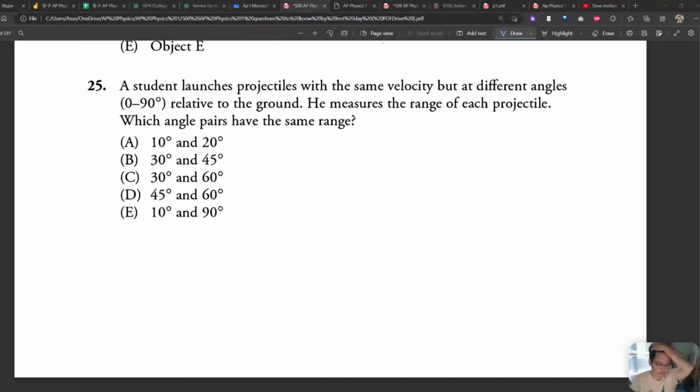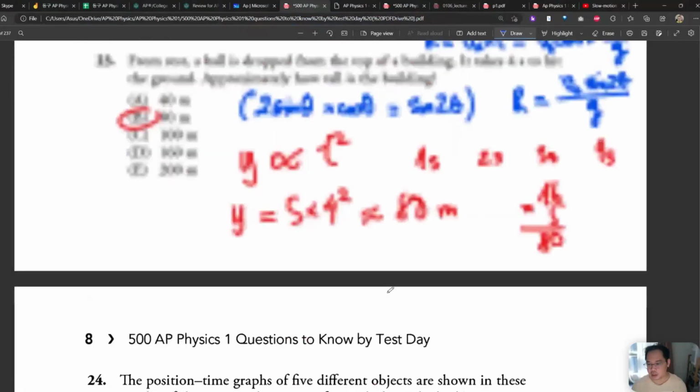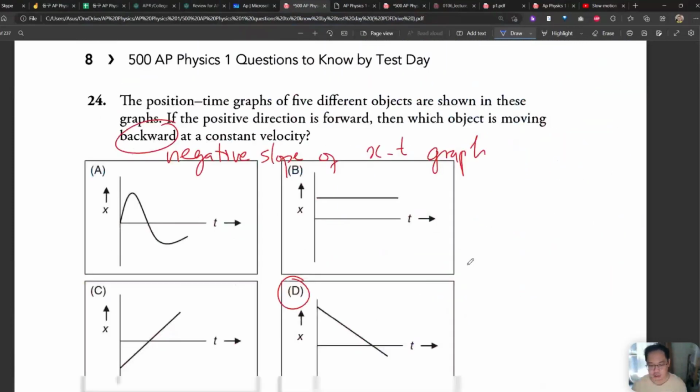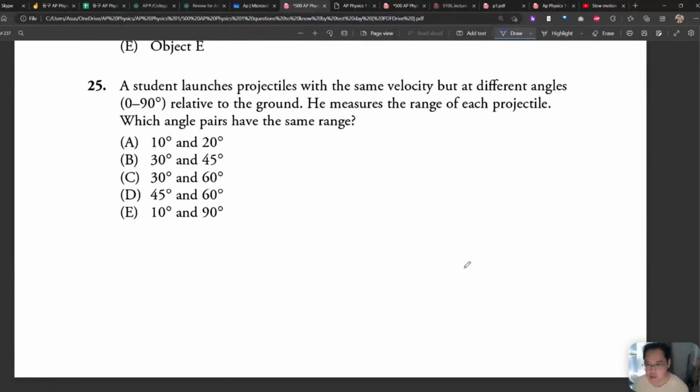I don't know this one. Projectiles with the same velocity but different angles relative to the ground. Which angle pair has the same range? The equation for the range: you need to write it many times to remember it.